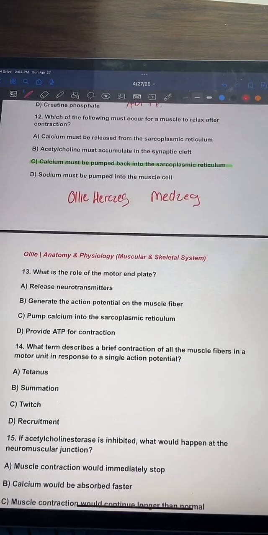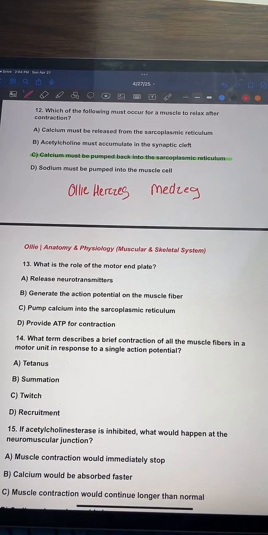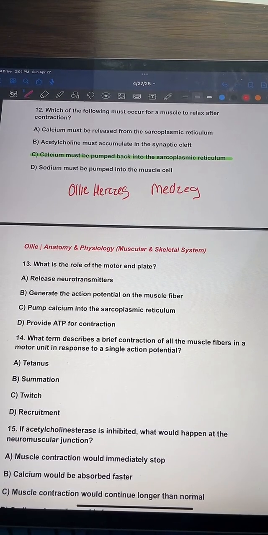Move on to number 13. What is the role of the motor end plate? Give you guys just a moment to answer that.